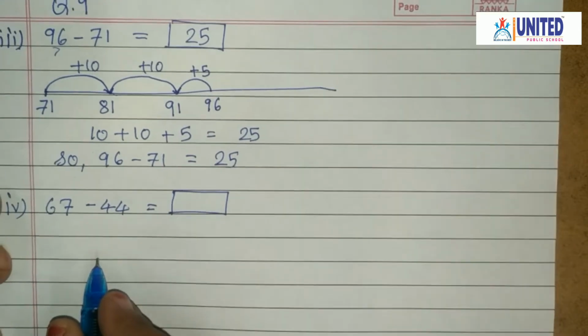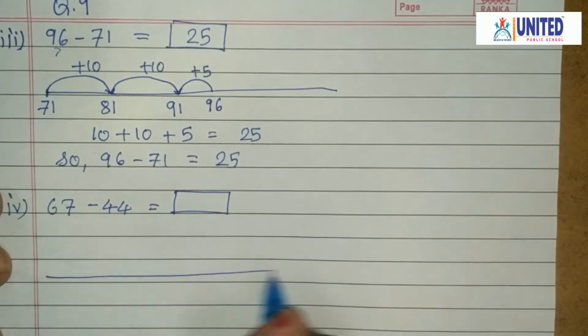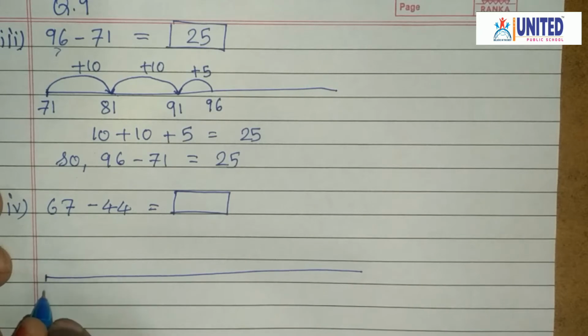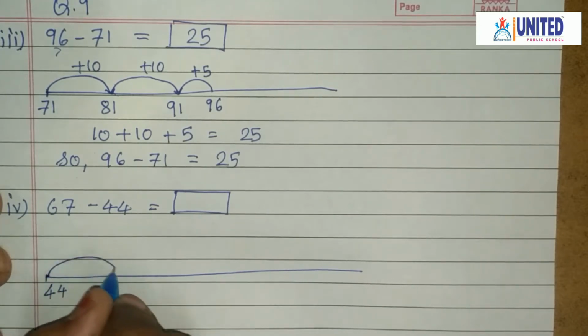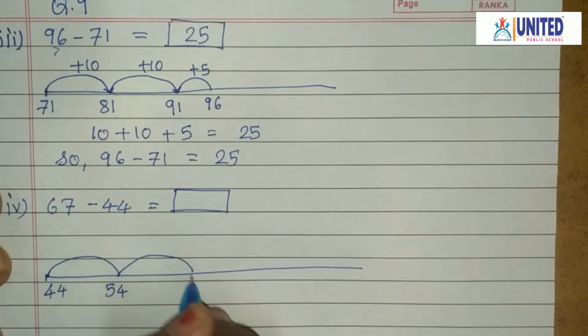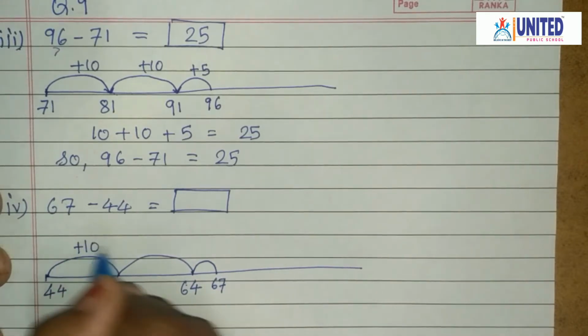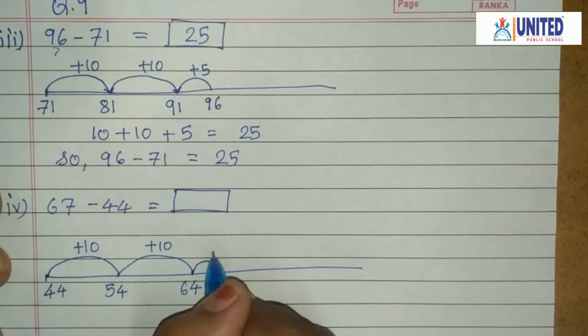Okay, similarly number 4, 67 minus 44. So you can draw a line first, start from 44. Here we write 44. 44 plus 10 plus 10, that is 54. 54 plus 10, that is 64. Now how many remain? 3 remain. So we write plus 3, that is 67. So here plus 10, and here plus 3.